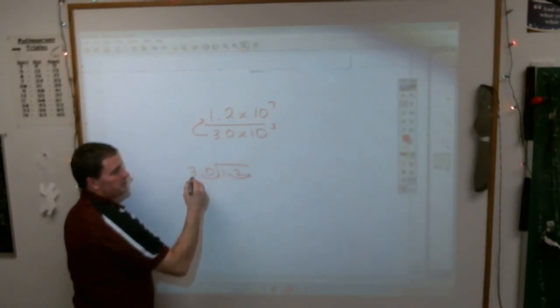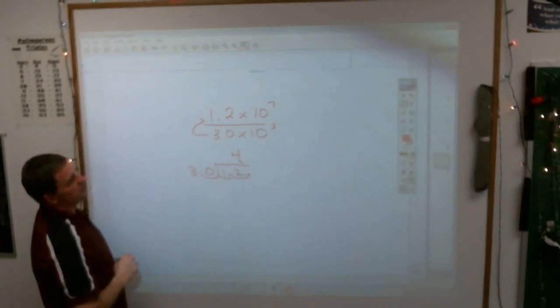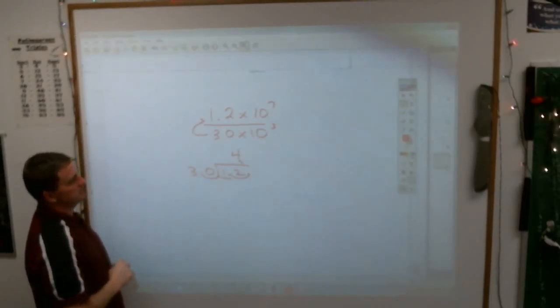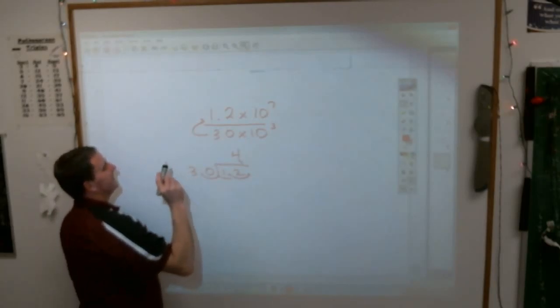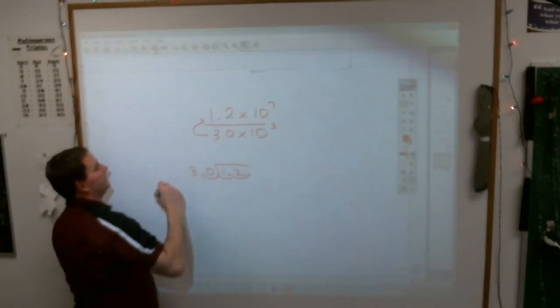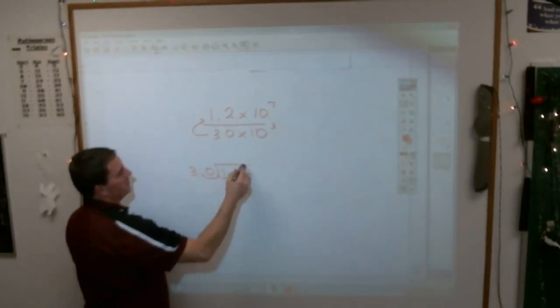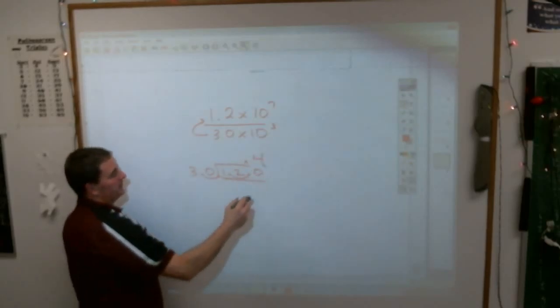How many times does 3 go into 12? Stop. Hold on a second. Let me do that again. 30 doesn't go into 12, so you have to put the decimal there and add the 0. 30 goes into 120 0.4 times, right?